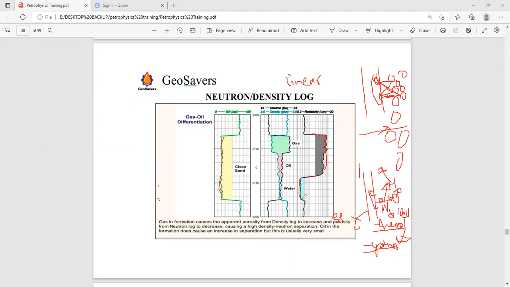Remember that it is very valuable for us to differentiate between oil and gas. Once you know the density and the neutron values, you can have a cross plot of neutron and density. And that cross plot is going to give you the presence of gas or oil.